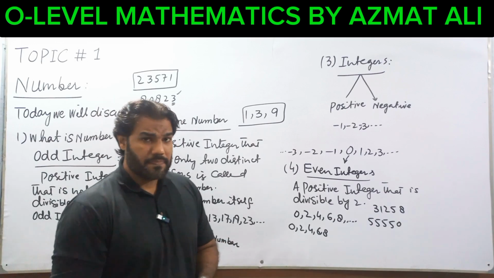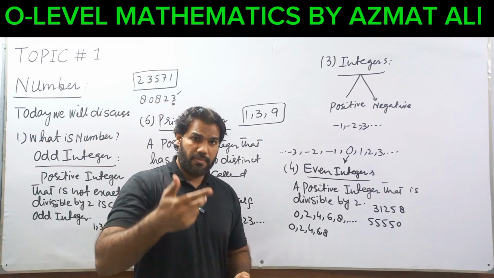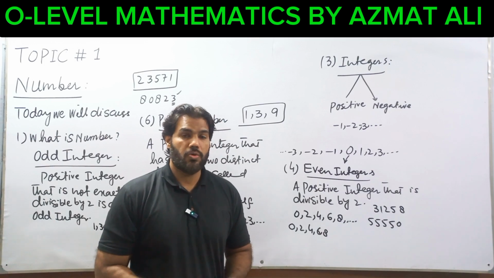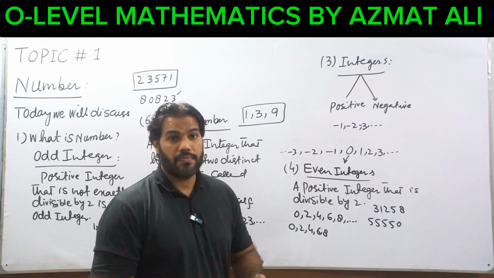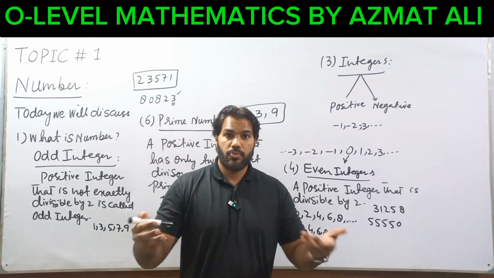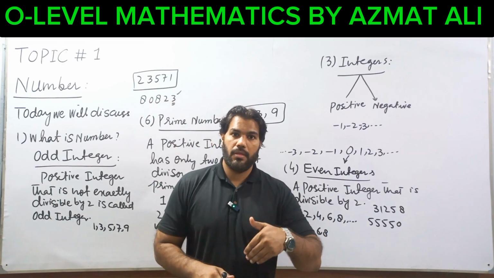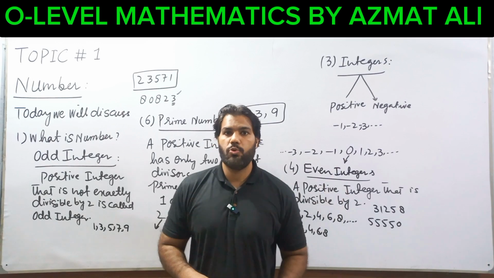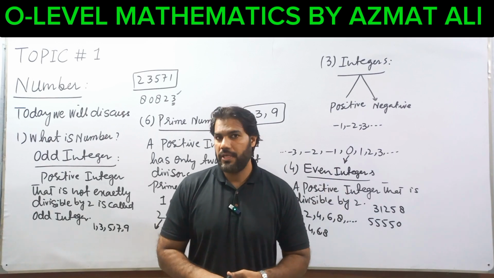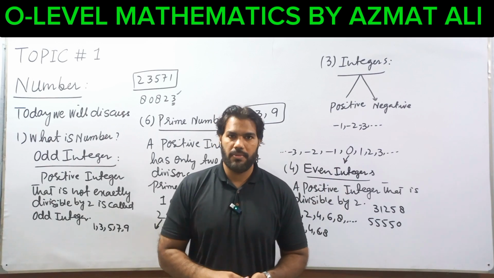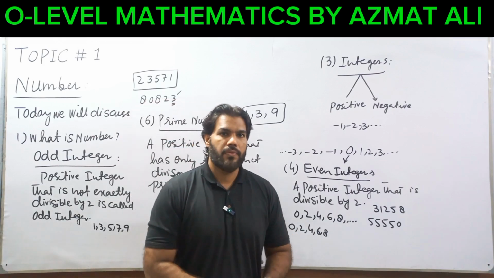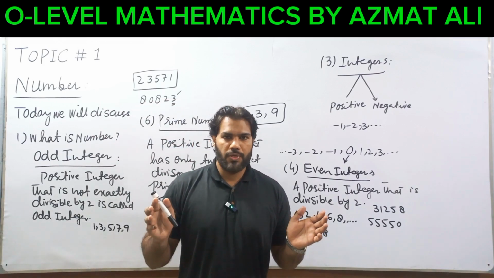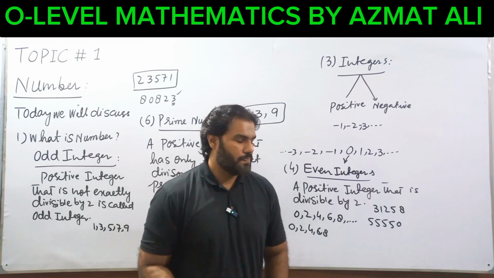Can we find the last prime number? No, this is not possible. Many mathematicians tried to find prime numbers up to millions, billions, but they are unable to find the last prime number.